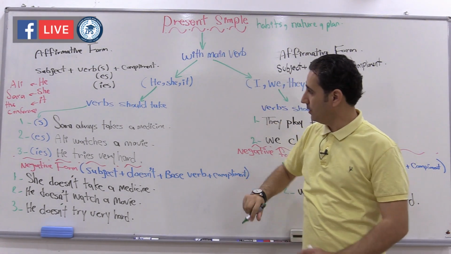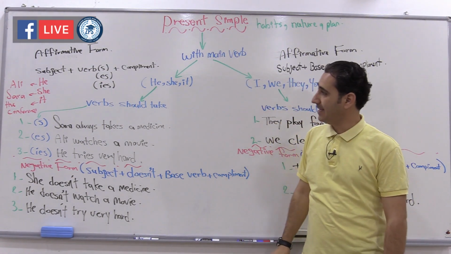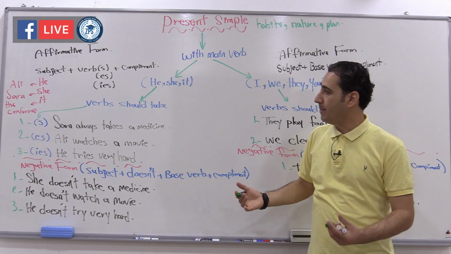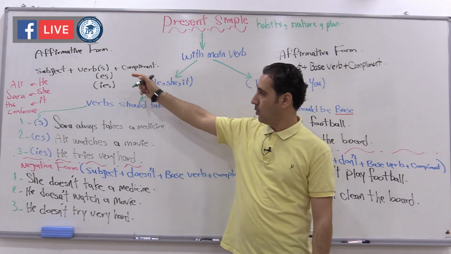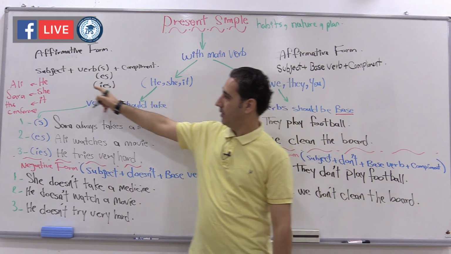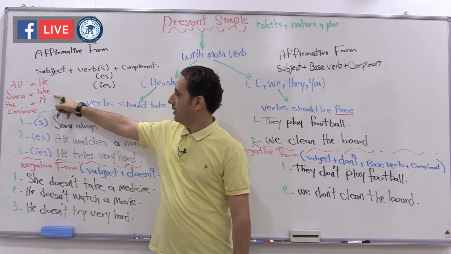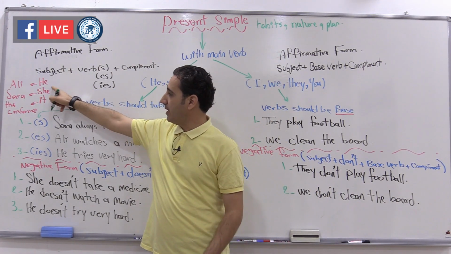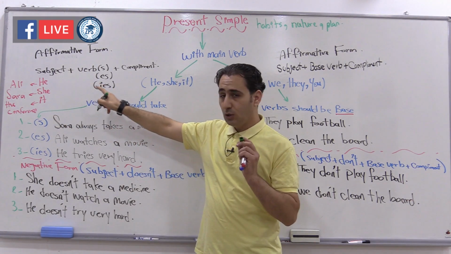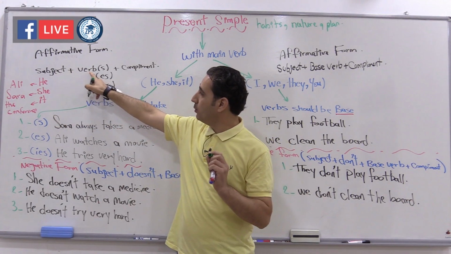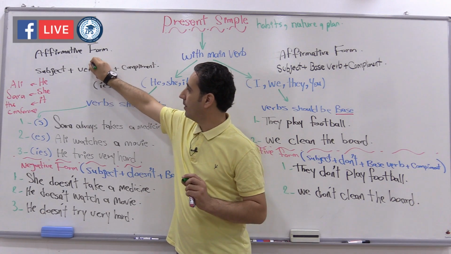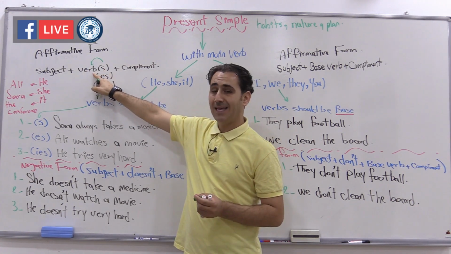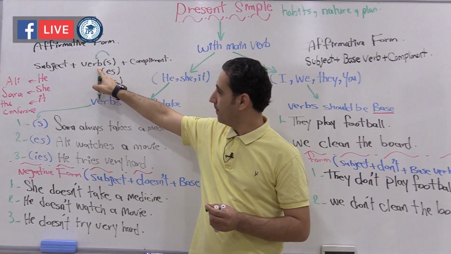Okay, guys, dear students? So let's see how we can make an affirmative sentence with singular pronouns like he, she, it. When you see Ali or he, she, it, you should know that we put S at the end of the verb, okay?